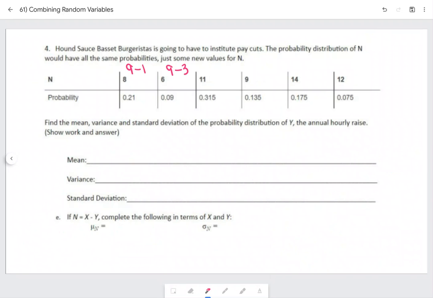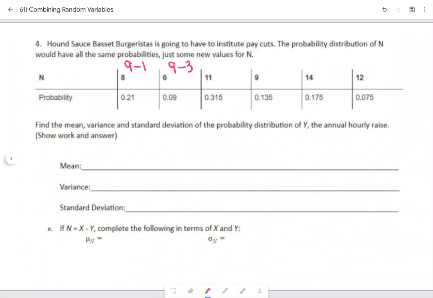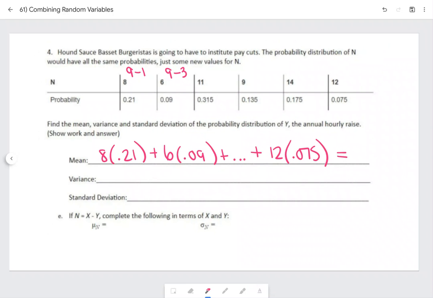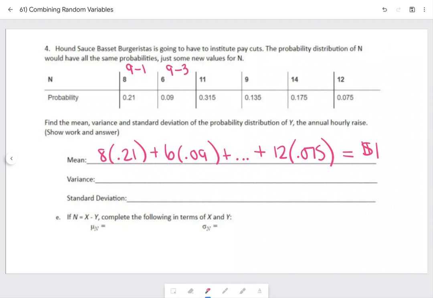So if I were to go and calculate my mean, we'd do the same thing one more time. 8 times 0.21 plus 6 times 0.09, and we go through here and add it through. As we calculate that, we could either plug into the calculator or do it here. We end up with $10.25.